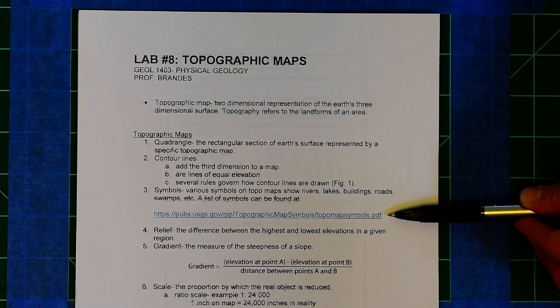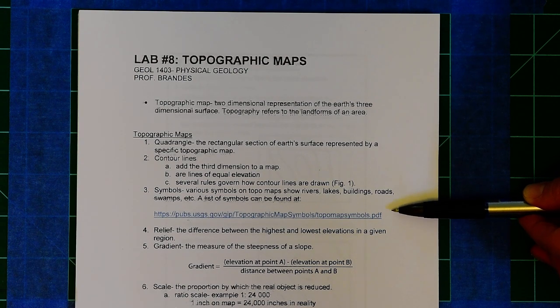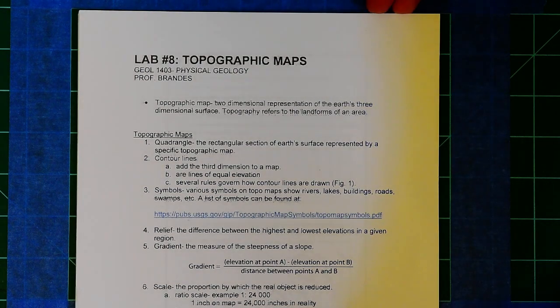And so I actually have a link right here that will take you to the United States Geological Survey, a page that shows you all of the official topographic map symbols that are used.